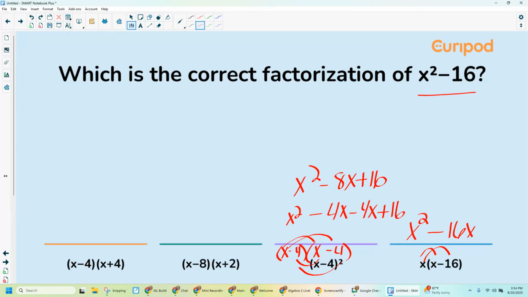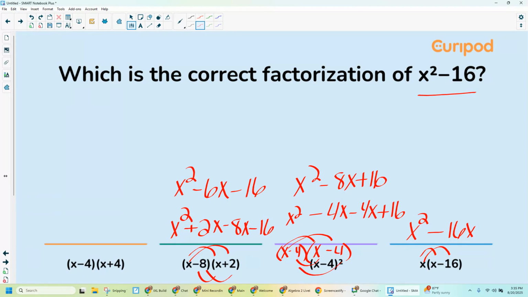X minus 8 times x plus 2. X times x is x squared. X times 2 is 2x. Distribute the negative 8. I get negative 8 times x is negative 8x, and negative 8 times 2 is negative 16. Combining the like terms, I get x squared minus 6x minus 16. Well, that doesn't work either.